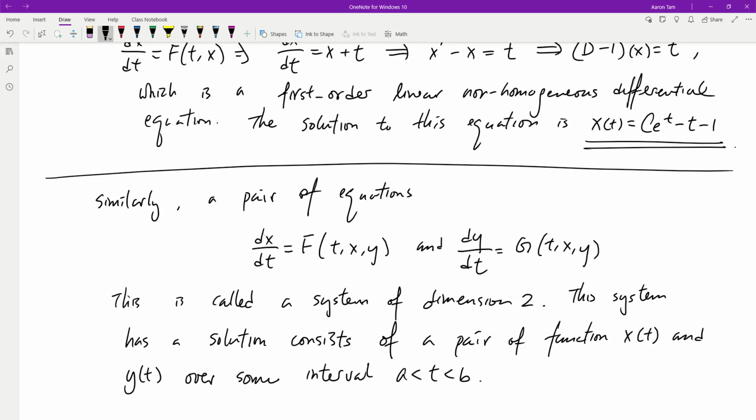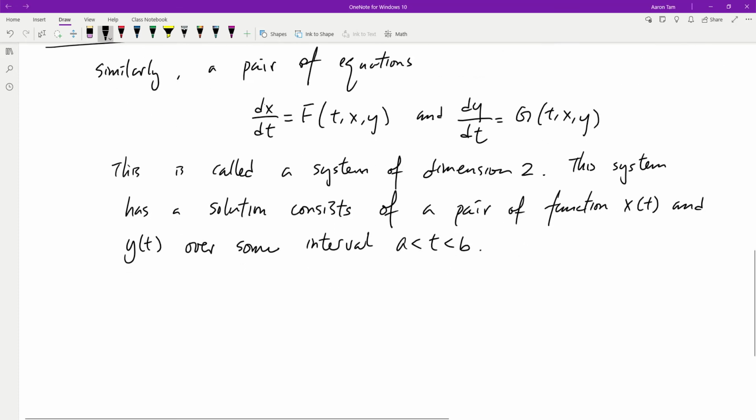The reason why that is the case is because remember, this is more like a parametric representation.